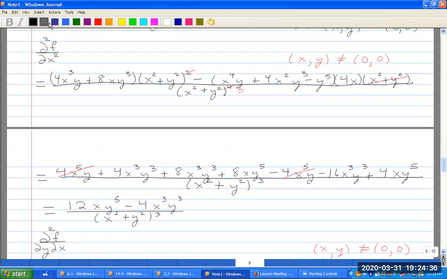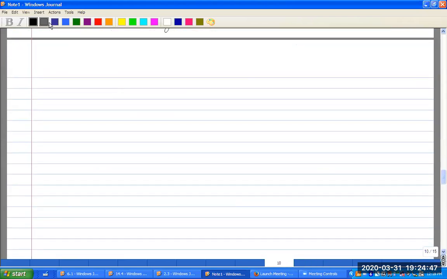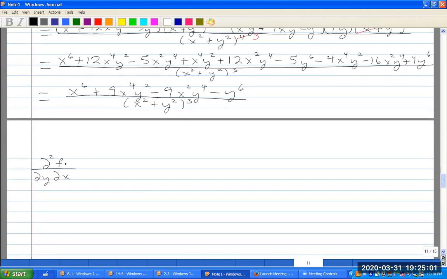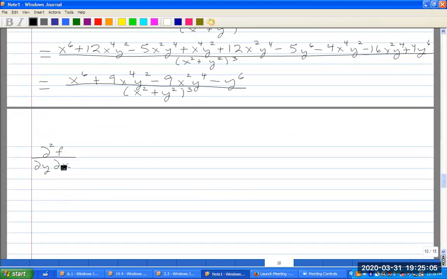Okay, so let's do another mixed partial. So I need x, y. Partial. Watch that be this one I just did. Yep, I did yx. I want xy.